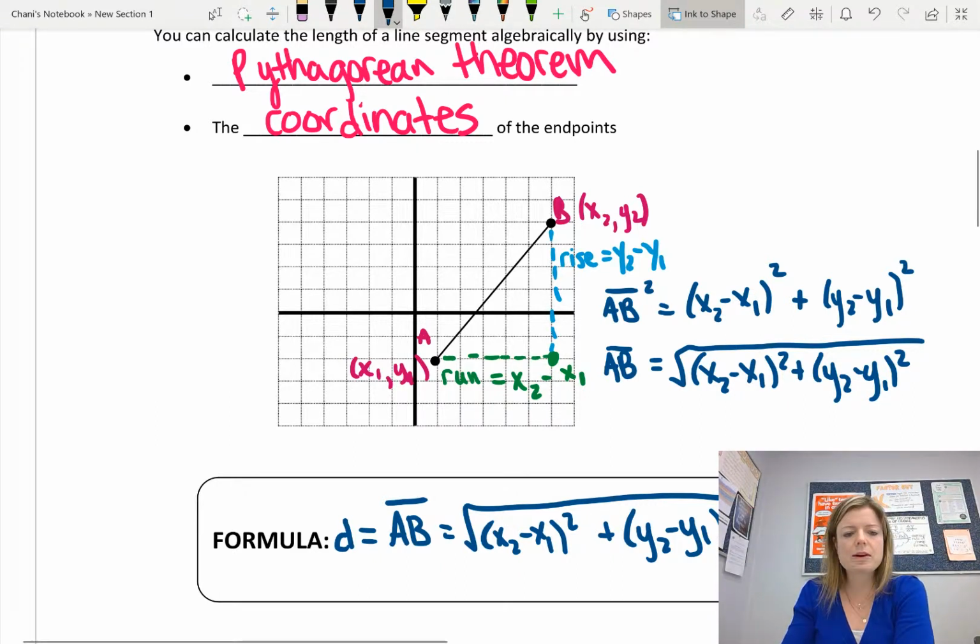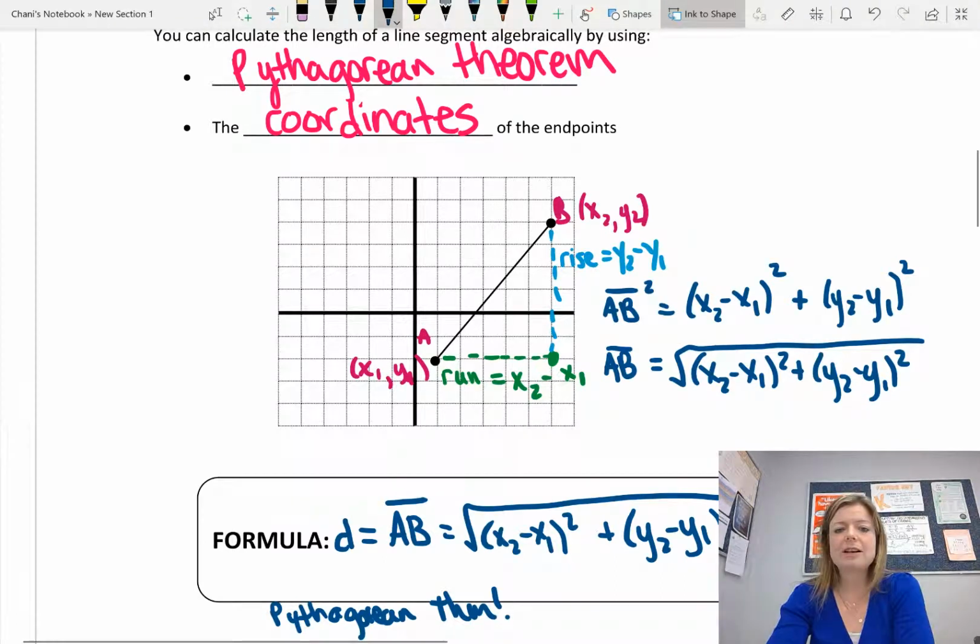It's really important to understand that this is just a use of the Pythagorean theorem, using our definitions of what run is and what rise is.